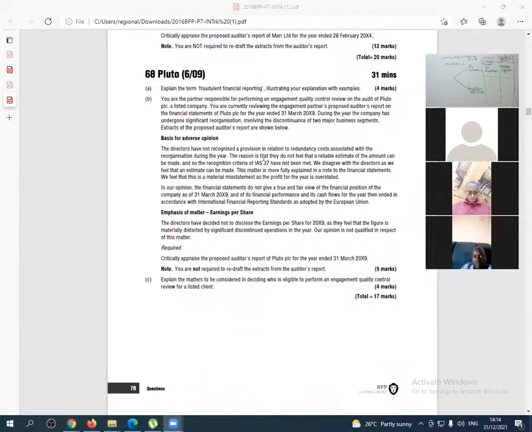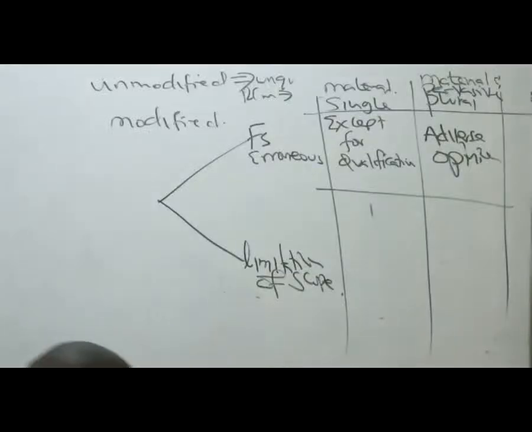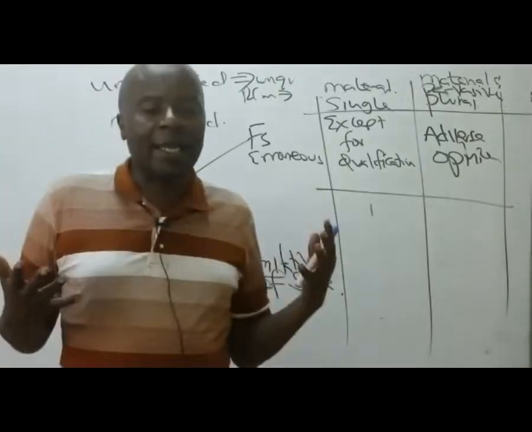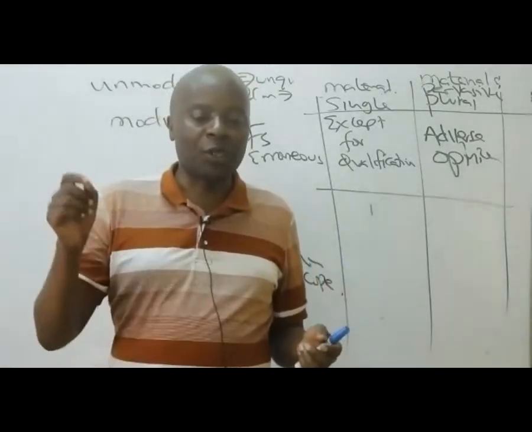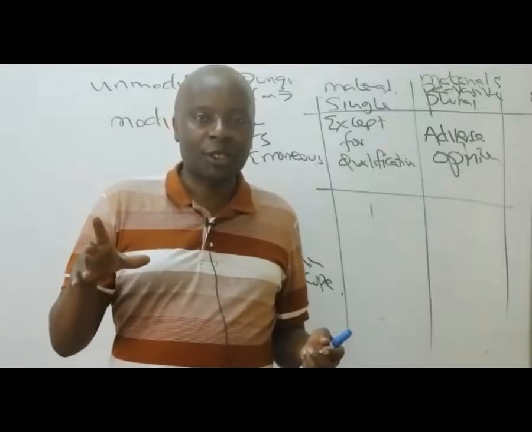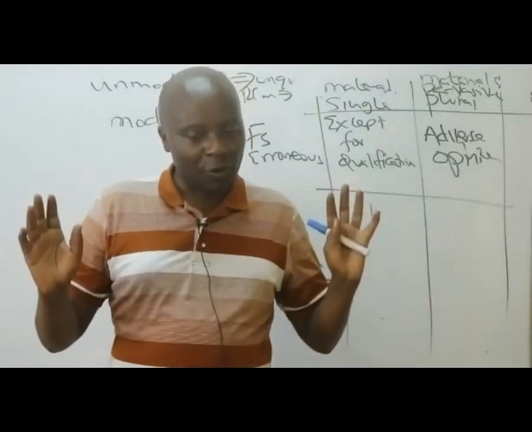With one thing, you can't give an adverse opinion. That will be suicidal, even to the organization, it will die. If it's on only one area, then straight away you need to single out that area nicely and talk of an except for. So adverse was really too much to have given as an opinion.